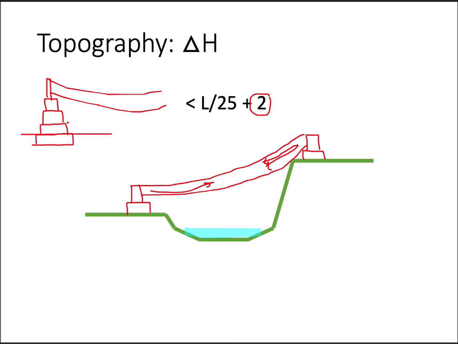So the standard, the minimum, is the foundation and 1 tier here, but the maximum is 3. And so we could get a little bit higher, but after this slope of L/25, it becomes difficult from a serviceability standpoint. It's difficult for people to actually use the bridge if the slope between the two sides is greater than L/25.